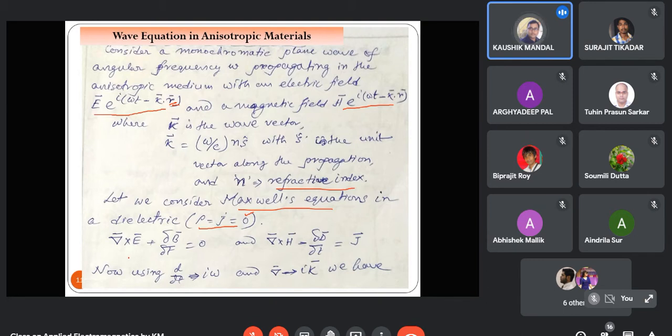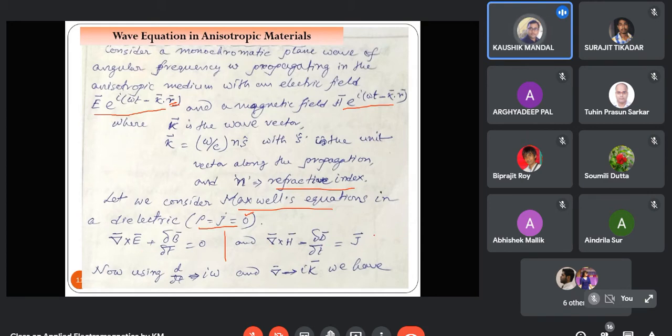So we have rearranged that equation: curl E plus del B del t equal to 0. Similarly, from curl H equal to J plus del D del t, it has been rearranged in this particular form, curl H minus del D del t equal to J. Now we can divide into two sections, one for the electric field, another for the magnetic field.